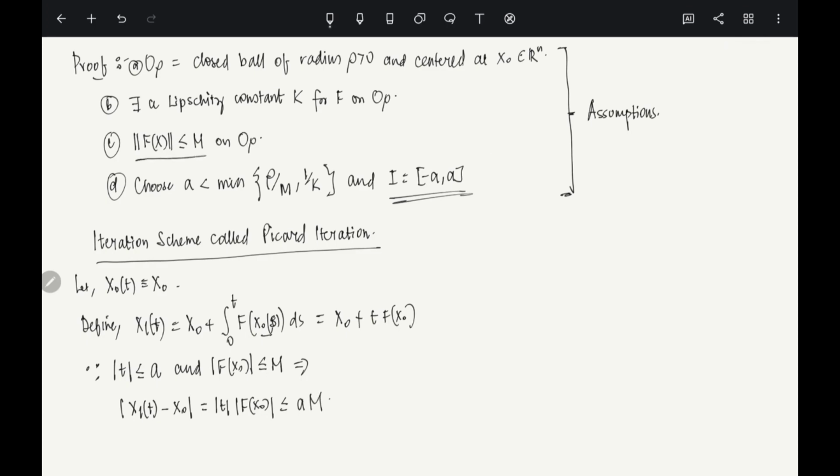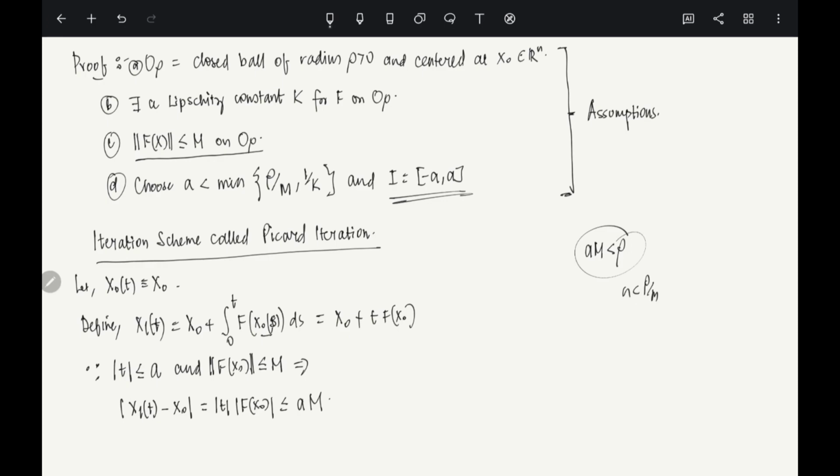You see, it is given here. So it is less than aM. Now, aM is less than rho. See, I chose rho in such a way that a is less than the minimum of rho and M. So a is always less than rho by M.